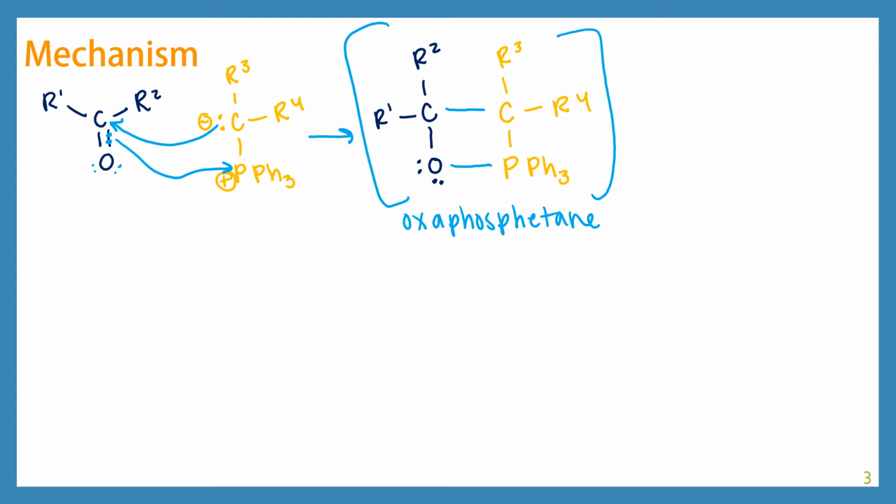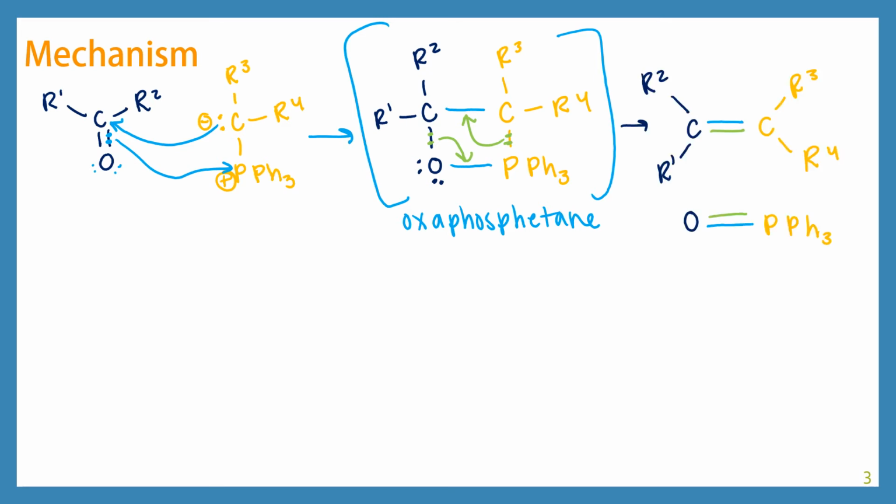So what we end up seeing is the bond between the carbon and the phosphorus breaks, creating a double bond between the two carbon atoms, and the bond between the carbonyl carbon and the oxygen is going to break to form a pi bond between the oxygen and phosphorus, giving us our alkene and our byproduct.